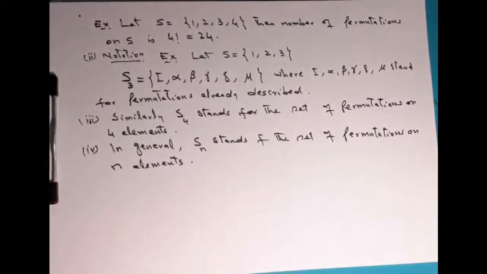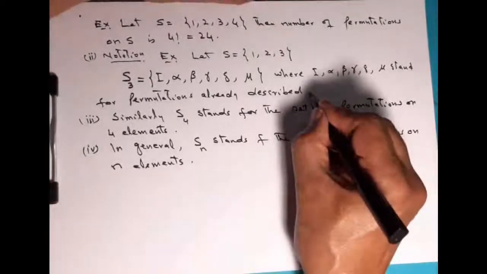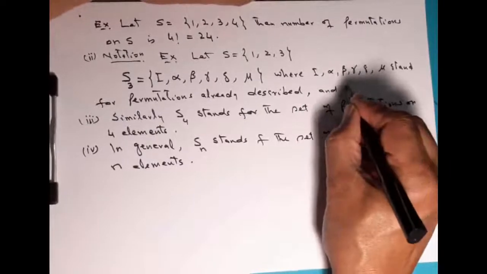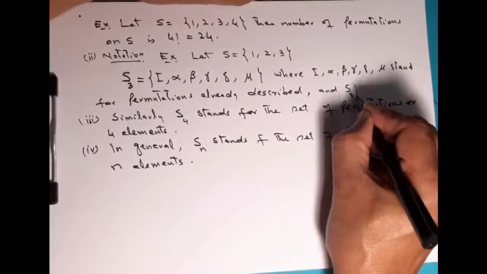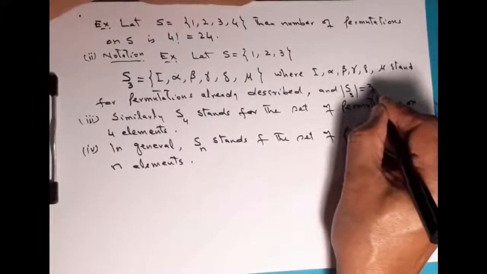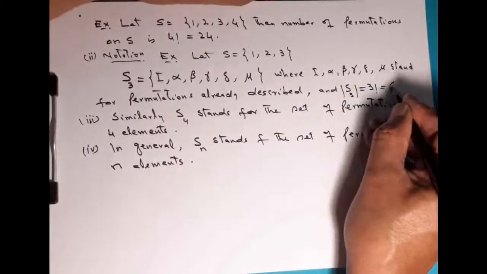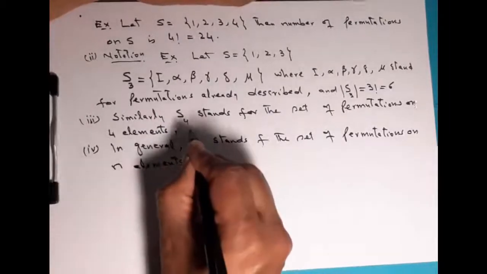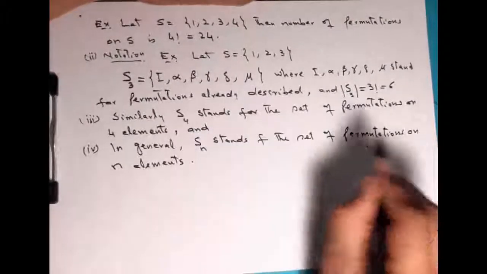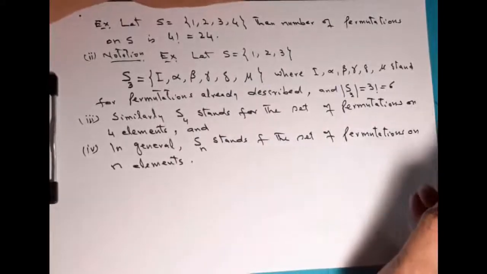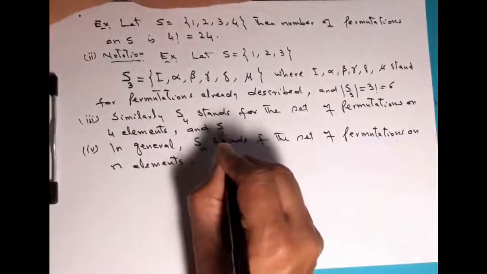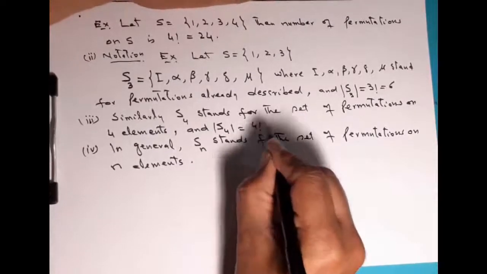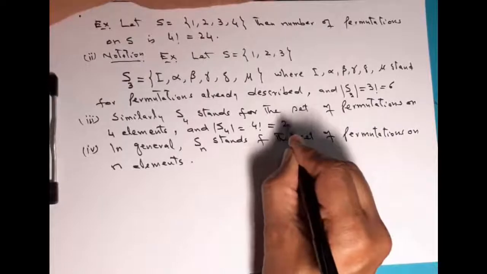Let me note a few things along the way. We have noted that the number of elements in S3 is equal to 3 factorial, and this is equal to 6. The number of elements in the set of permutations on 4 elements is equal to 4 factorial, and this is equal to 24.